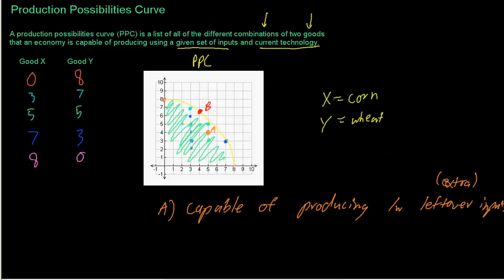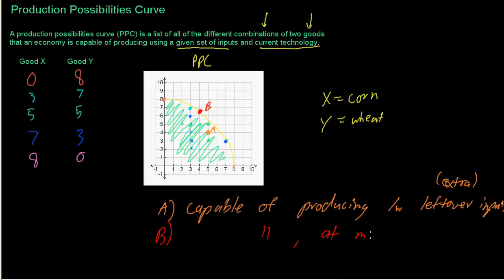Then B is that you're capable of producing it. I'm just going to use the ditto marks, but you'll be at maximum capacity.